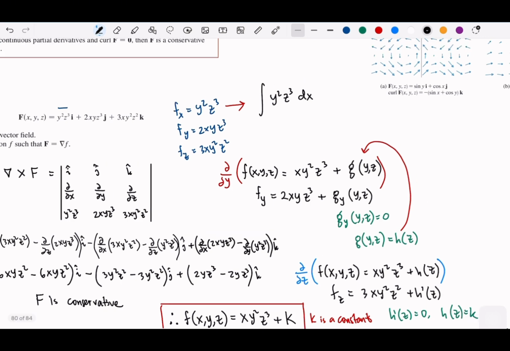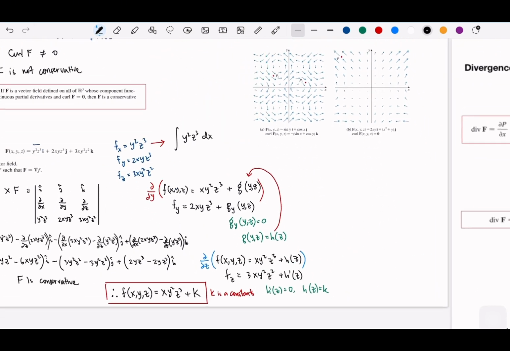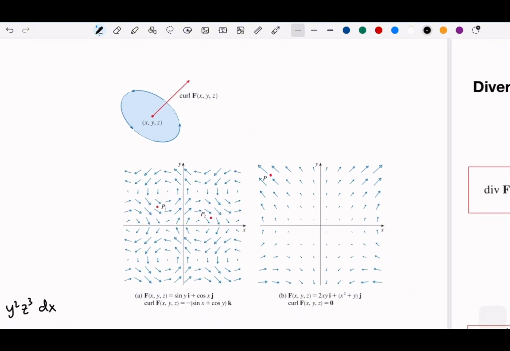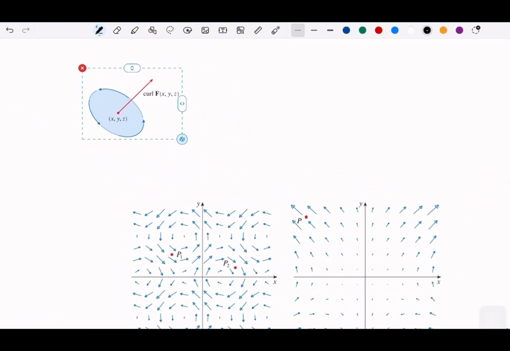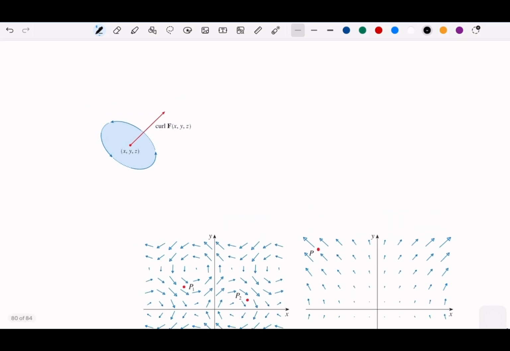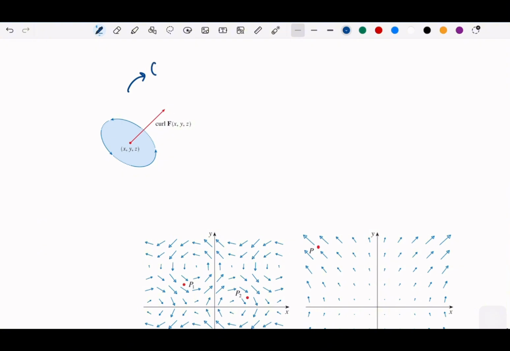So if we look here, just a quick review. The curl, based on the right-hand rule, because we have the cross product. Remember the cross product using the right-hand rule. So let me write here: curl is associated with rotations.